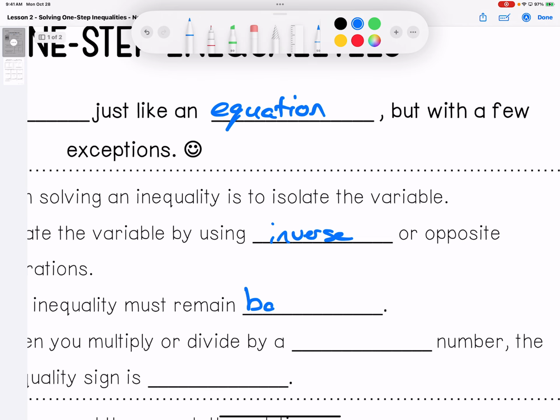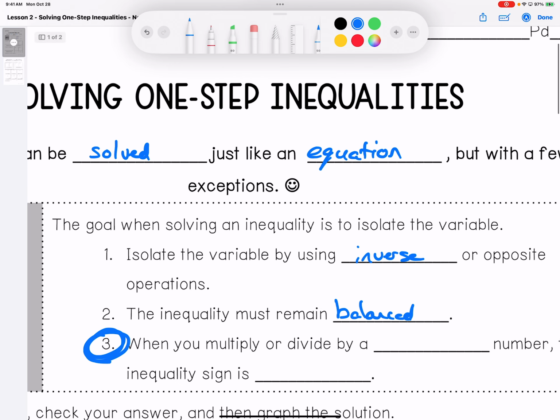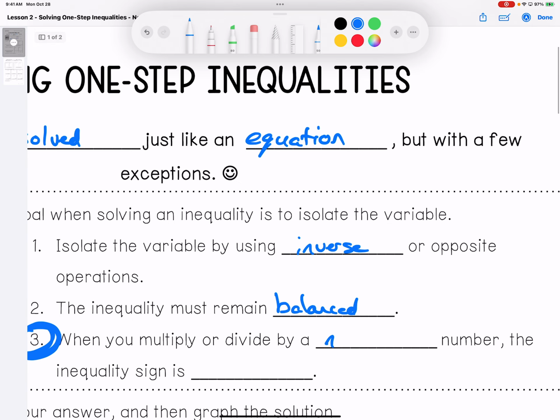But here's the difference. This is the one difference. When you multiply or divide by a negative, the inequality sign is flipped. Why is that?